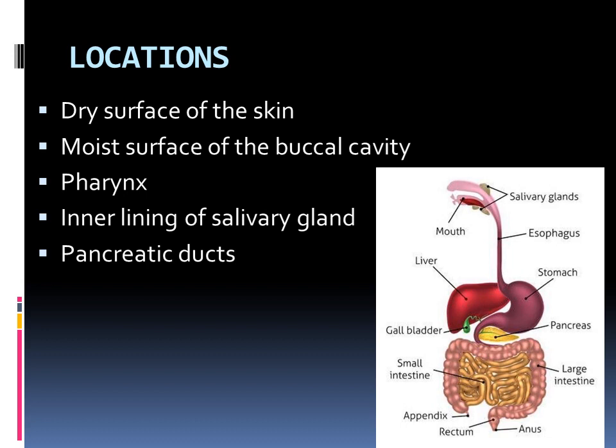So can you notice these salivary glands there? They are located in the buccal cavity, and the inner lining of the salivary gland also consists of this tissue, right? And one more is the pancreatic ducts. Can you see the pancreas, which is present in the digestive tract after the stomach and liver?